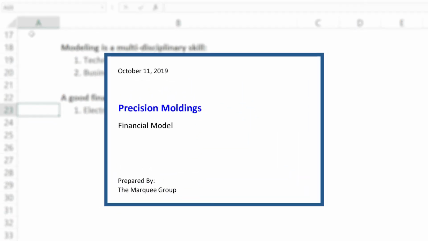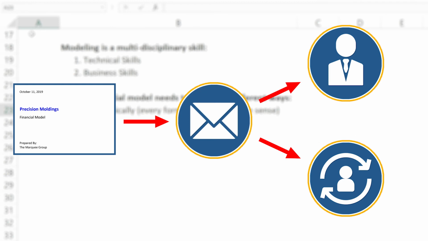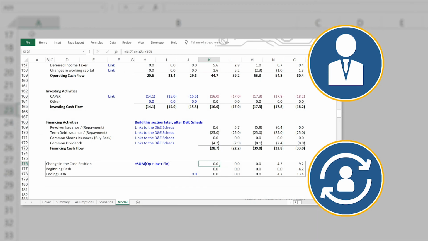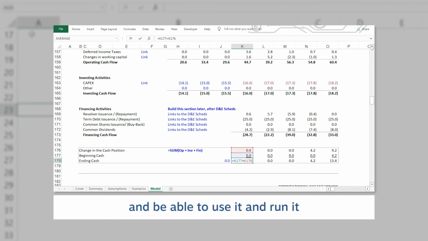If I build a financial model and email it to my boss or my client, they need to be able to open it up on their screen, click through every cell, and be able to understand every single formula as though it's telling them a bit of a story. Line by line, they should be able to feel like they could actually take over the model and be able to use it and run it.